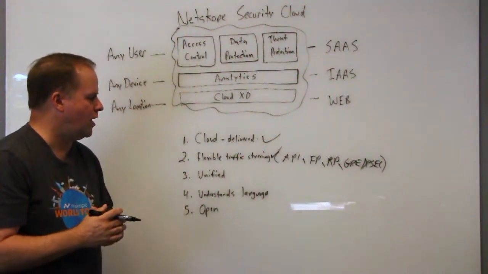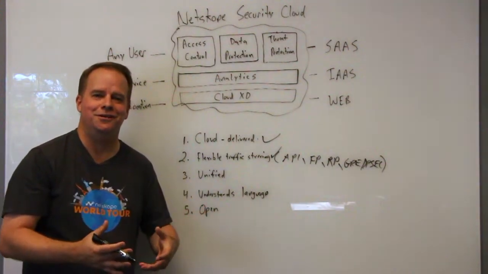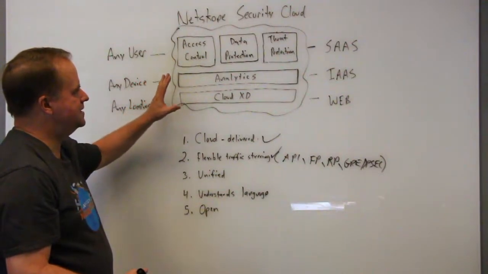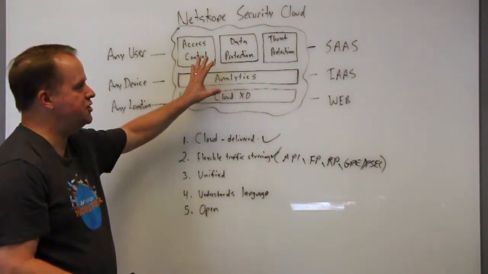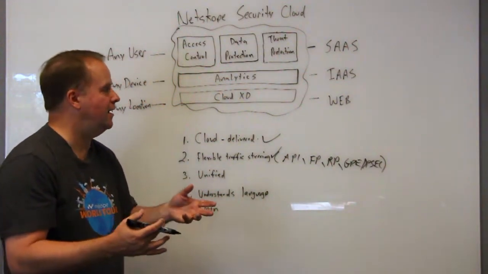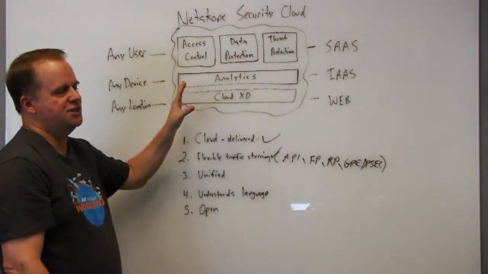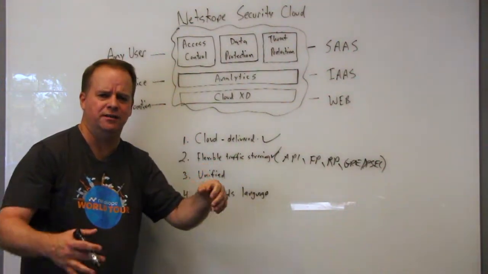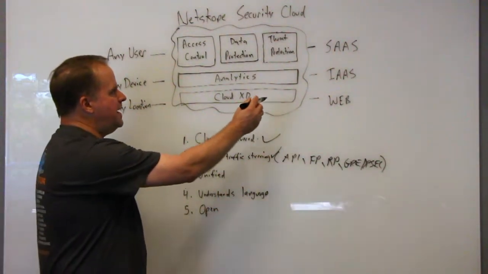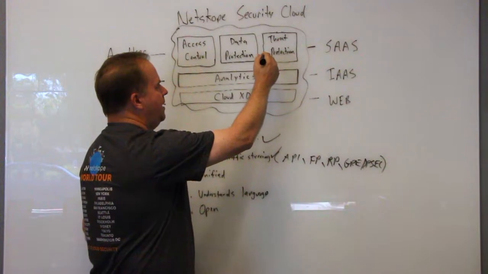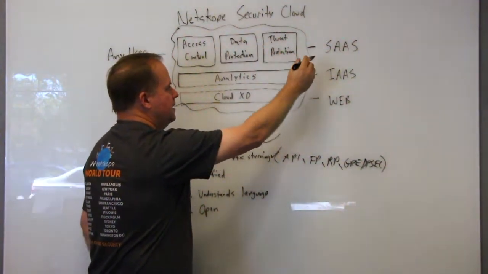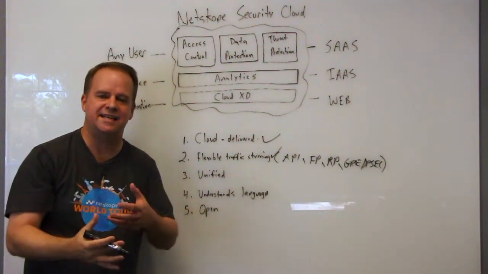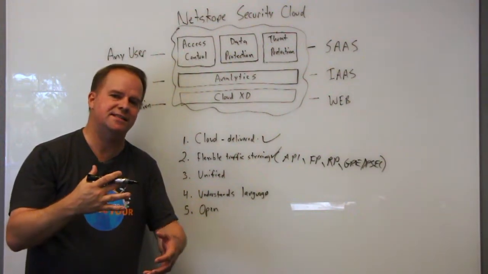The third requirement is unification, unified. And what do we mean by that? If you think of a security platform that does unification like the Netskope Security Cloud, we're taking all of these security services, from access control, data protection, threat protection, and analytics, and allowing you to apply all of these services across SaaS, IaaS, and web from not only a single console, but also a single engine.